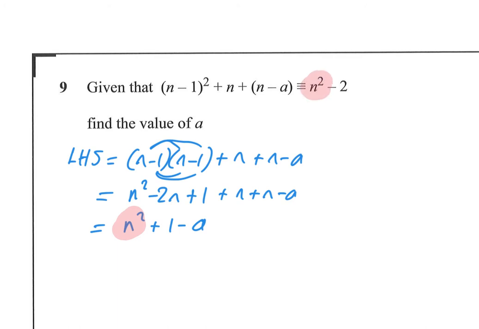And then here, our number bit on the right-hand side is minus 2. So that's the bit that has no n's in it. And the bit that has no n's on the left-hand side is this, 1 minus a. So what you've really got is 1 minus a is equal to minus 2, which means I'll swap the minus 2 and the a around. So 1 plus 2 is equal to a, which means your a is just equal to 3.